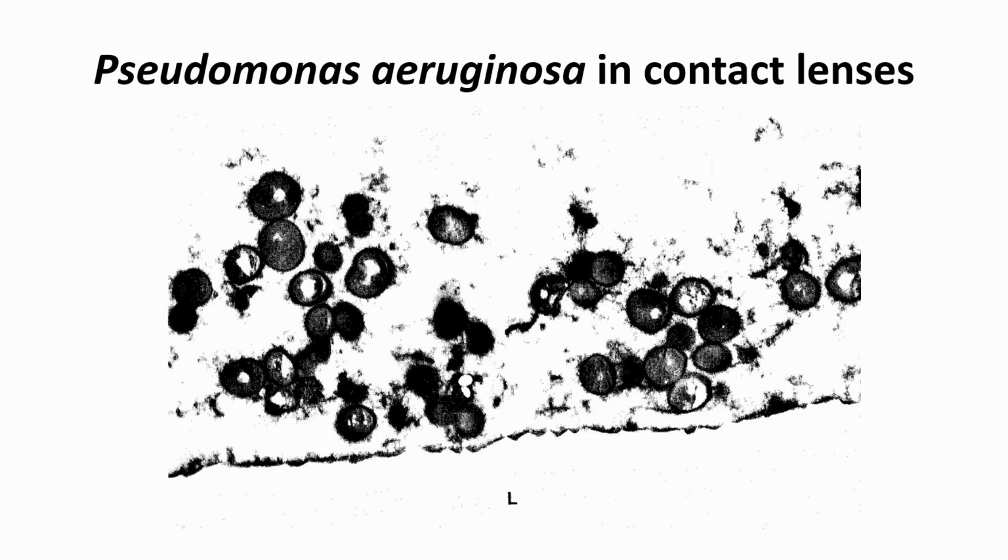Here is just an example, this is a zoomed in image of a contact lens, and what you can see is that there are these bacterial communities being formed which are able to colonize the surface and protect it from any kind of response that the body might be generating through the immune system or through some other phenomena. So, a major problem.